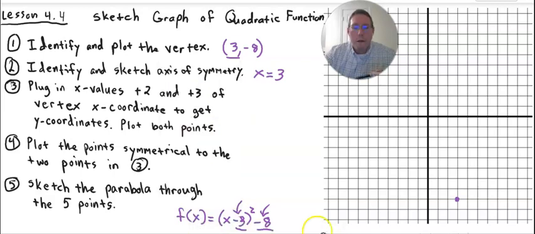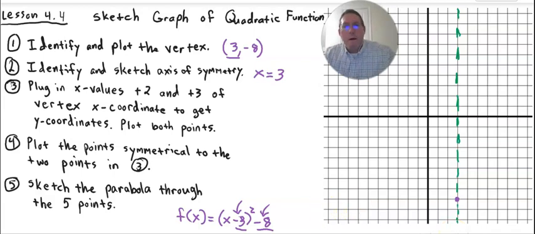Okay. And we're going to sketch a vertical line. This is going to be our axis of symmetry right here, at x equals 3. All right. A little bit ugly, but it'll do the trick. We get the idea. That's where the axis of symmetry is.